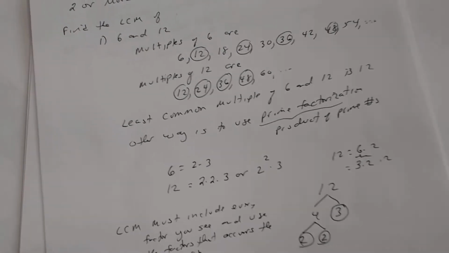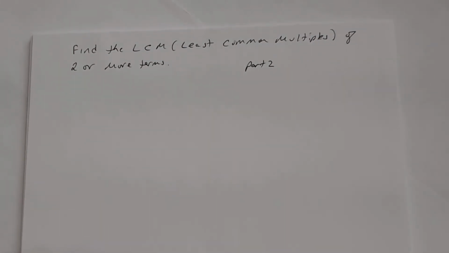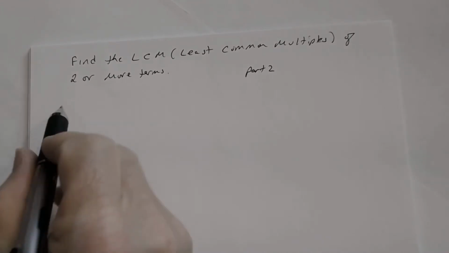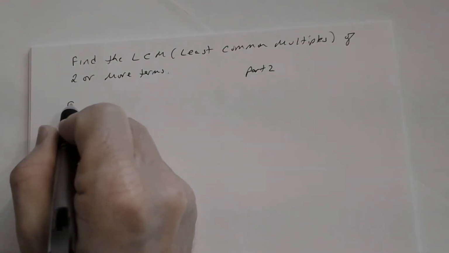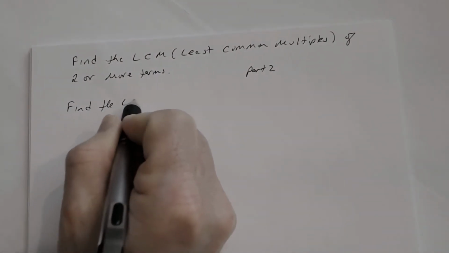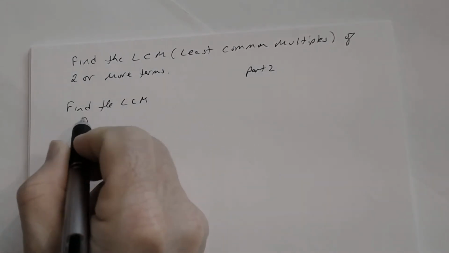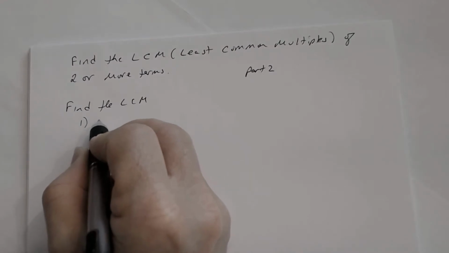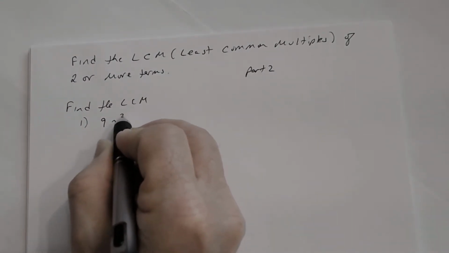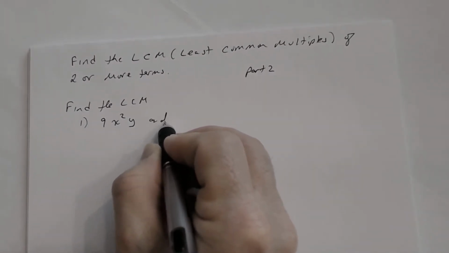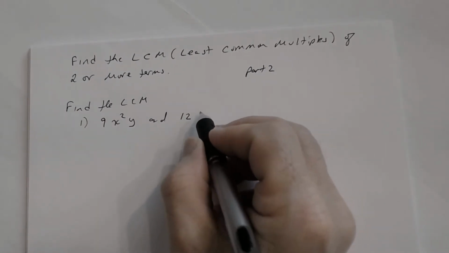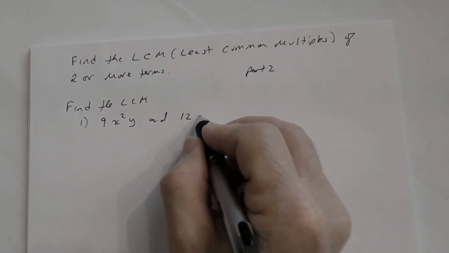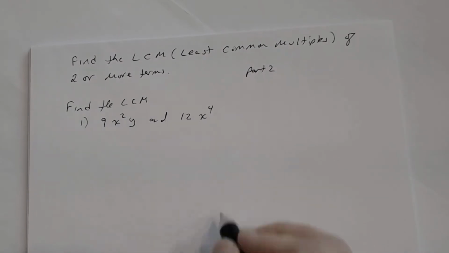Okay, so for example, number 1, let's suppose you want to find the least common multiple of, let's say, 9x squared y and 12x to the 4th power.